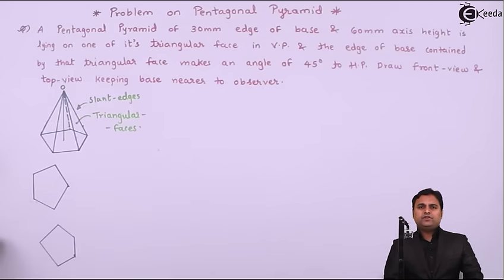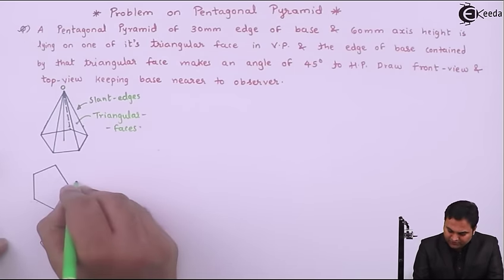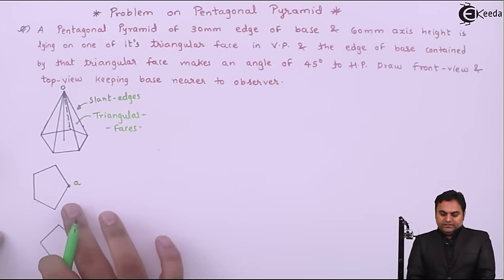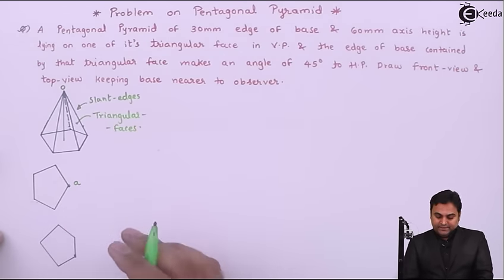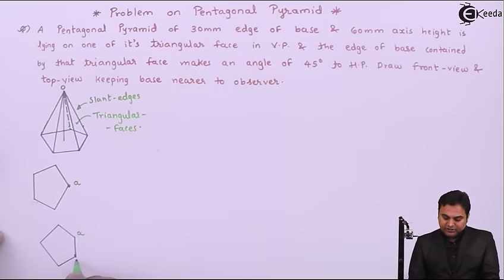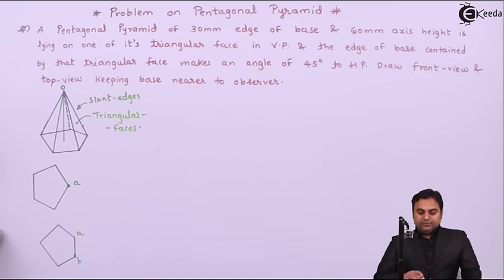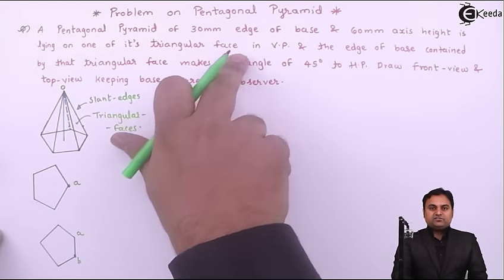Either it is resting on its corner, like in this problem. Here it is resting on this corner, point A. Otherwise it can rest on an edge like AB. So in the problem it is given that it is lying on one of its triangular face.